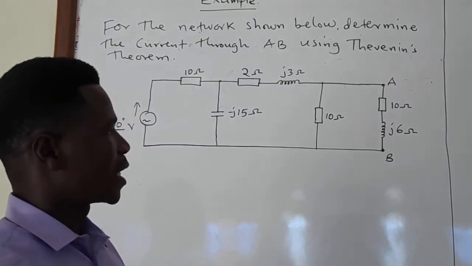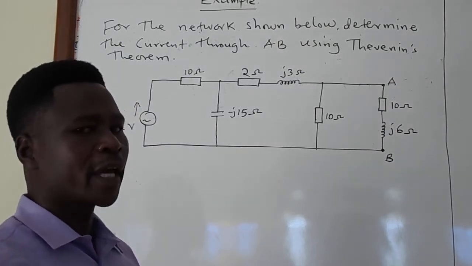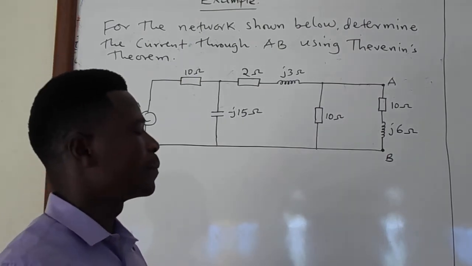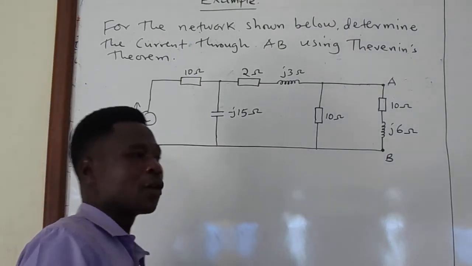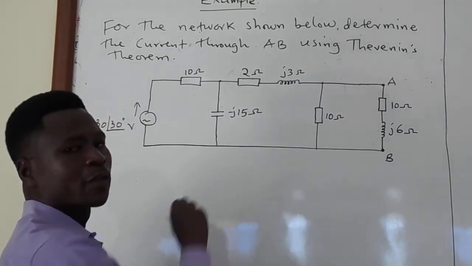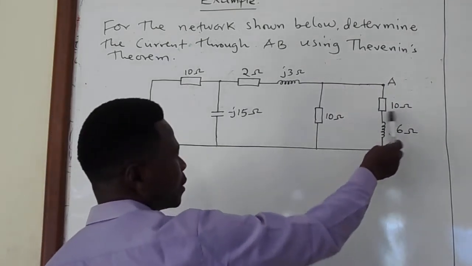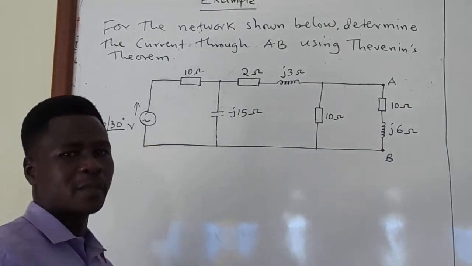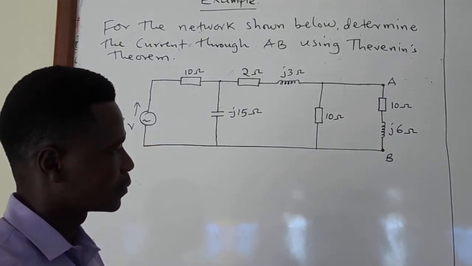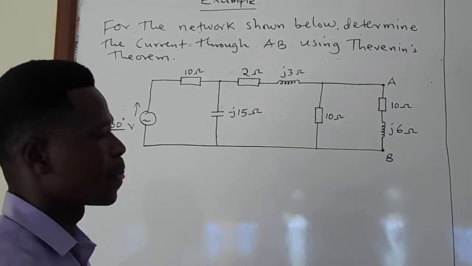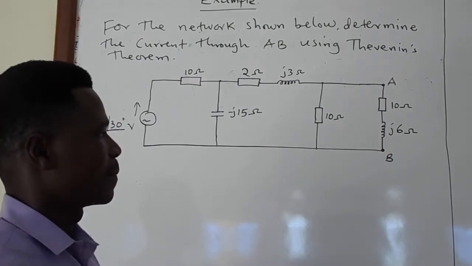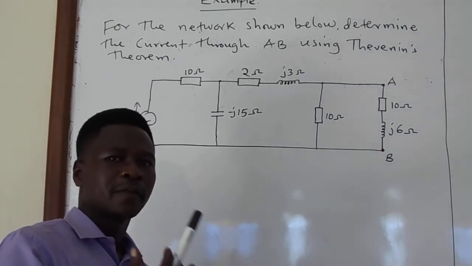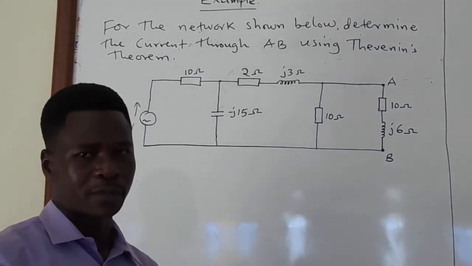In the next step, that is step 2, we need to get the Thevenin's impedance, which is actually the internal impedance of the circuit, looking back into the circuit from terminal AB, with all sources of EMF replaced by their internal resistances. Then in step 3, we need to come up with the Thevenin's equivalent circuit.